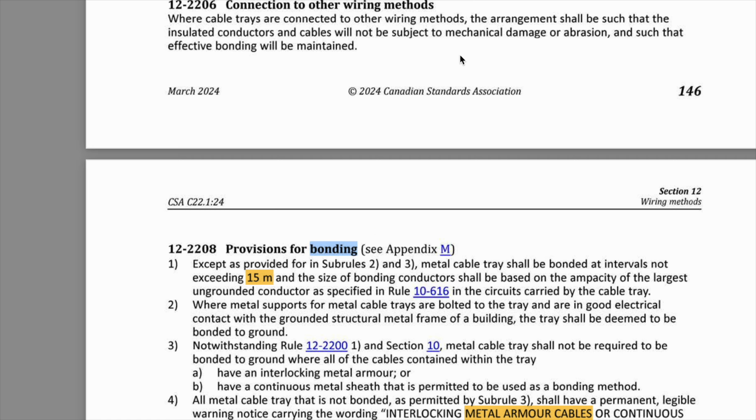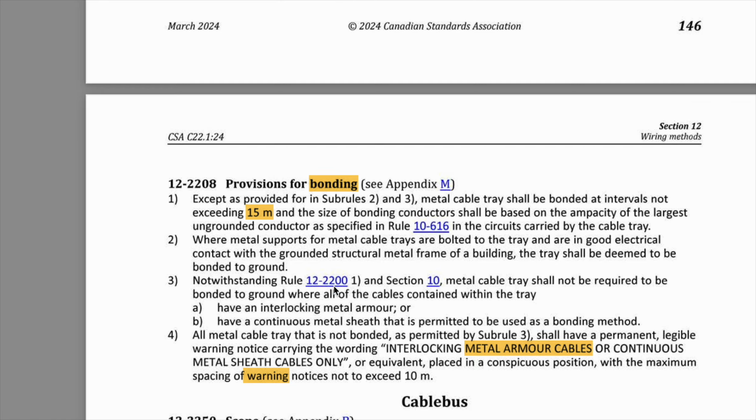Okay, this one is about the bonding of cable trays. A metal cable tray shall be bonded at intervals not exceeding 15 meters. So it is about the cable tray, not 5 meters. So in this question, that was 5 meters, so it's not correct. But here, for metal armored cables or continuous metal sheathed cables only, the equivalent applies with a maximum spacing of 10 meters.